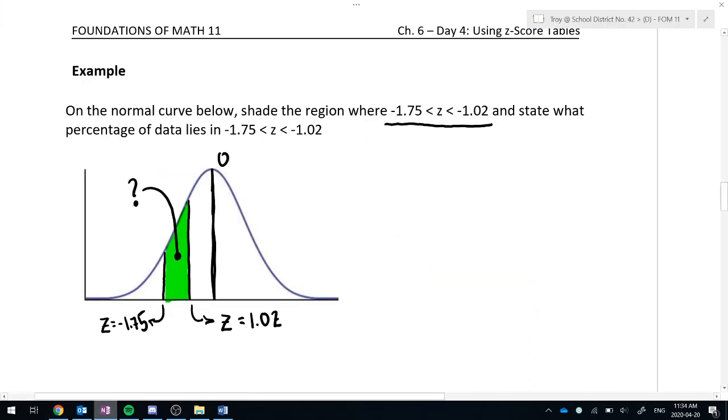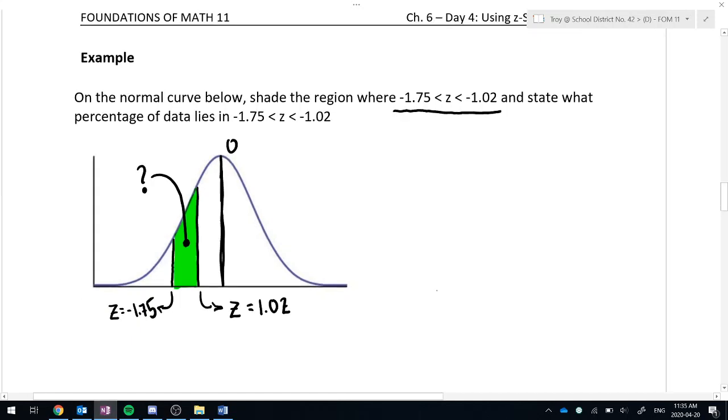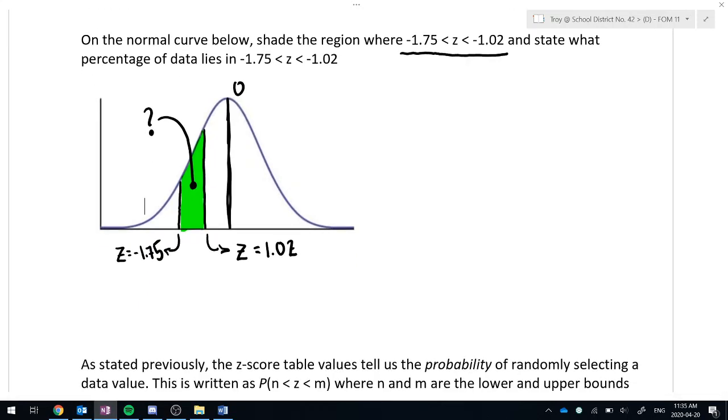Okay, so all we have to do is break this down into two pieces. So if we take a look at this z-score here, I'll call this z-score 1, and I'll call this one z-score 2. So if we take a look in the table for z-score 1, it's going to give us everything here and to the left. All right, so let's go take a look.